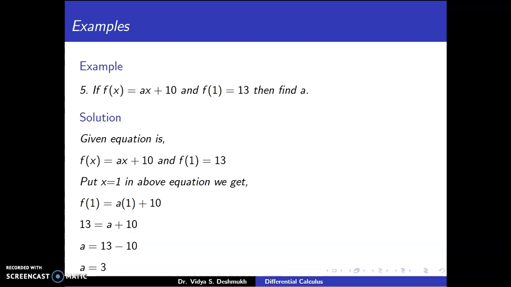So f of 1 is equals to a into 1 plus 10. So a into 1 means a. And we know that the value of f of 1 is 13. So we substitute here 13 is equals to a plus 10. Therefore a is equals to 13 minus 10, it is nothing but 3. Okay, so here is the solution.